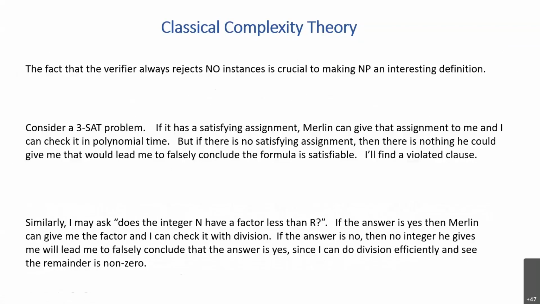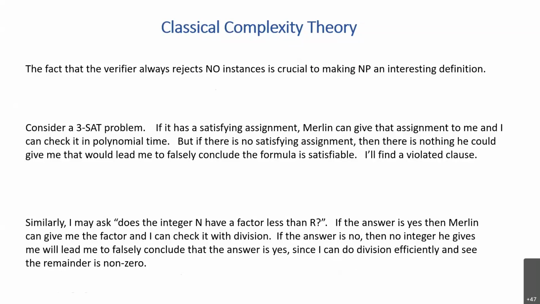So, consider a 3-SAT problem. If it has a satisfying assignment, then Merlin, the wizard, that's his official name, can give that assignment to me, and I can check it in polynomial time. But if there is no satisfying assignment, then there's nothing he could give me that would lead me to falsely conclude that the formula is satisfiable. I'll find a violated clause.